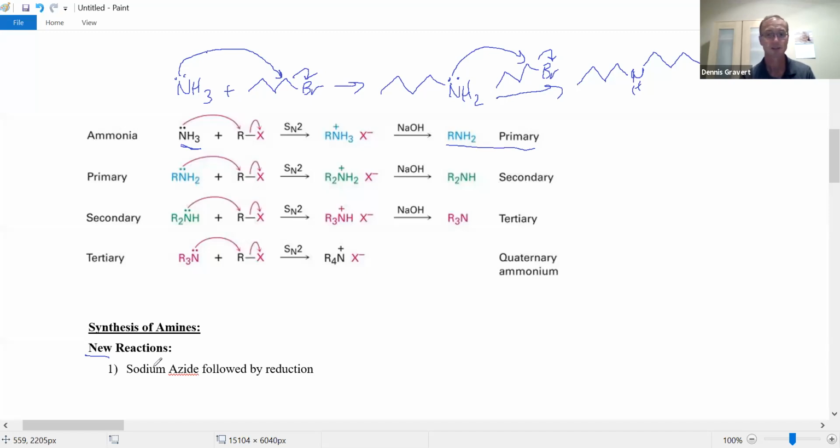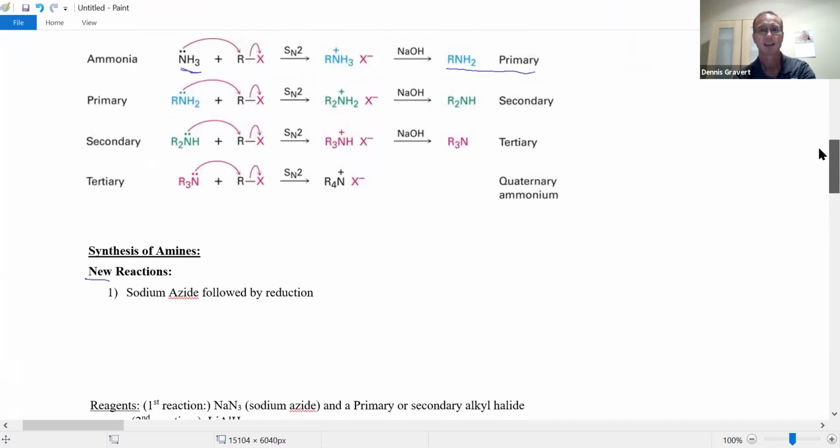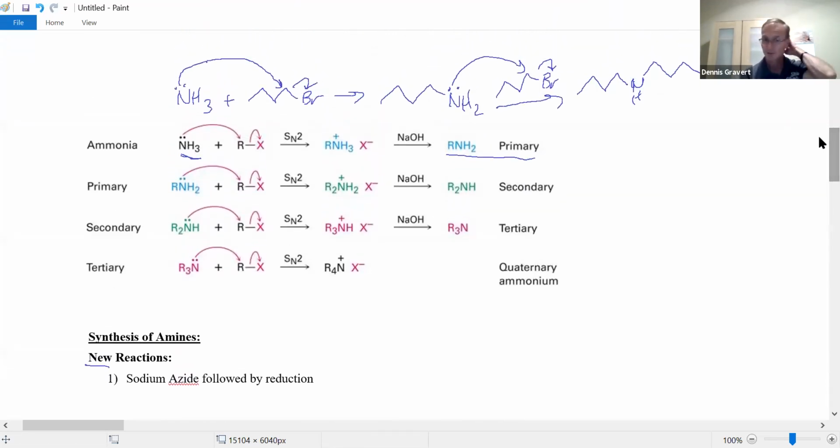And we have several options here. Here's our first option. And it's actually kind of clever. This next option comes about by analyzing the side reactions here. The side reaction is that your product is still a good nucleophile for SN2. So someone said, hey, what if we pick a new reagent, not ammonia or one of the other amines, so that our product does not form a good nucleophile, and the SN2 reaction can only happen one time.